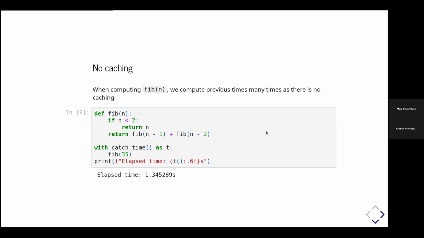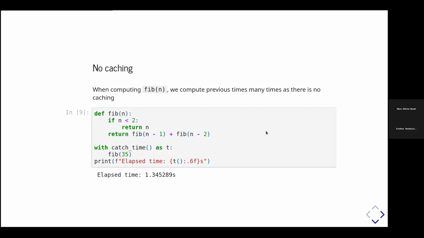Let's explain what would happen if you don't use caching. For example, if I want to compute Fibonacci terms without using caching, so just a recursive call, I would write something like this. It will take, as you can see, a long time, and this is only the term 35. So it's already slow with a modern computer.